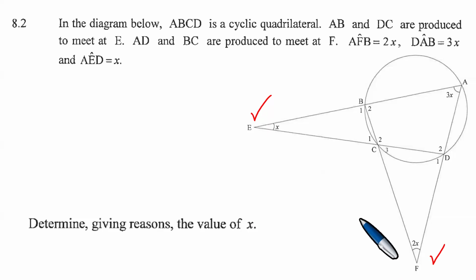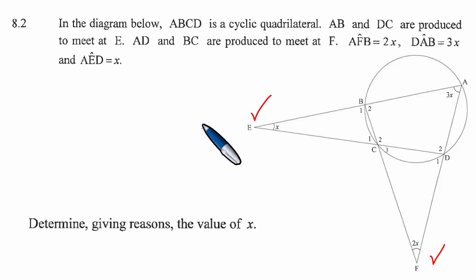What I'm getting is 4x equals 180 minus D2. Okay, that's fine. That's okay, because we're practicing here. I'm trying to test you a little bit to make sure that you become a very good student.